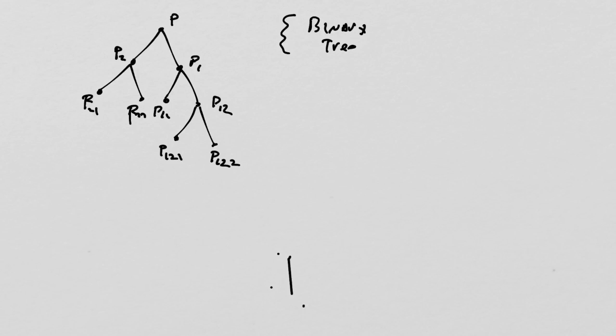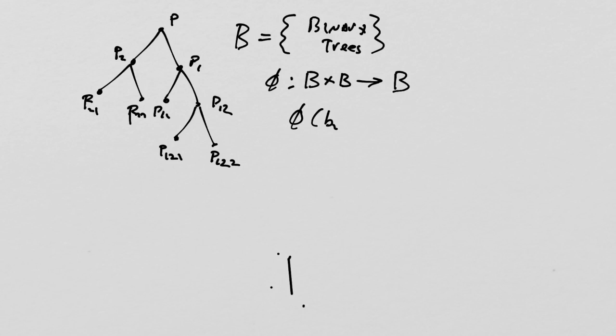So if we consider the set of all binary trees, and we call that our set B, we have to define a map that goes from the Cartesian product of B and B into B. So it's some function acting on an ordered pair, binary tree 1 and binary tree 2, and it returns a binary tree.